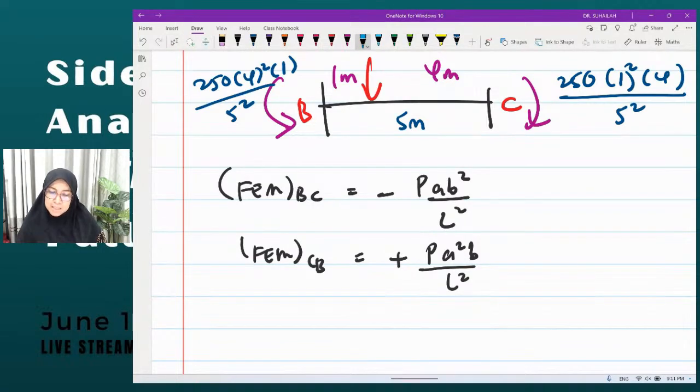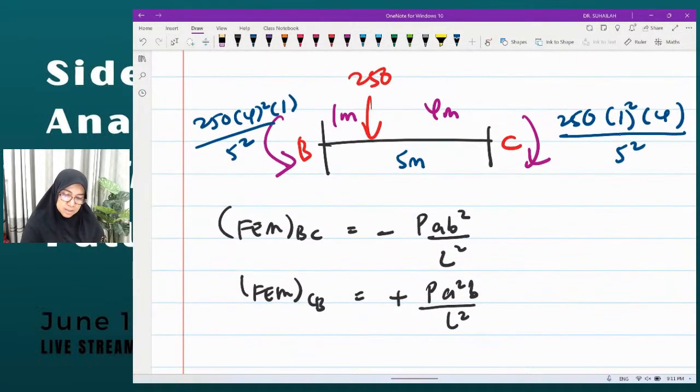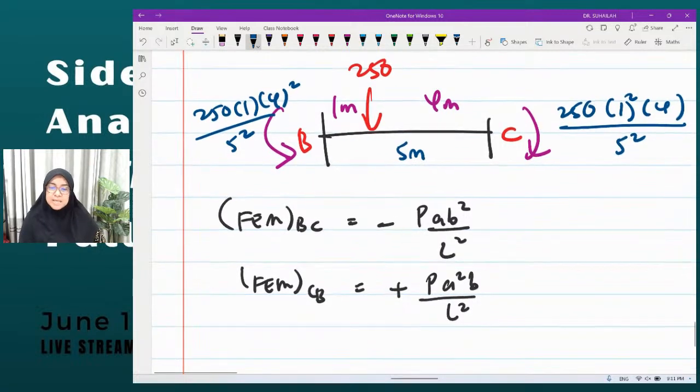What is the answer? P A B squared over L squared. 250 times, I just rewrite this, 1 times 4 squared. So what is the answer for FEM BC? 250 times 1 times 4 squared divided by 5 squared.